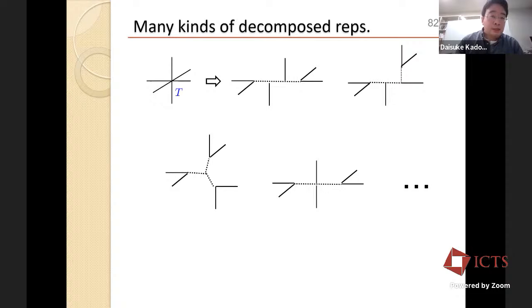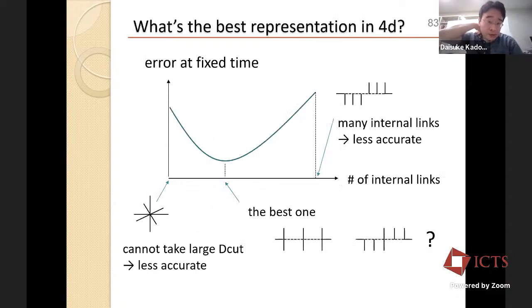Okay, and this figure is a schematic picture of the error at a fixed time. The x-axis is the number of internal links. The 2D rank tensor, the rank 6 tensor, does not have internal links. And if we apply HOTRG to this rank 6 tensor directly, we obtain very accurate results for fixed D-cut.